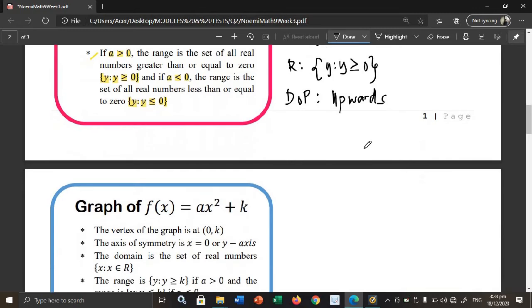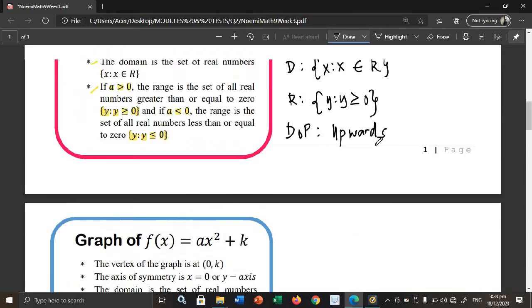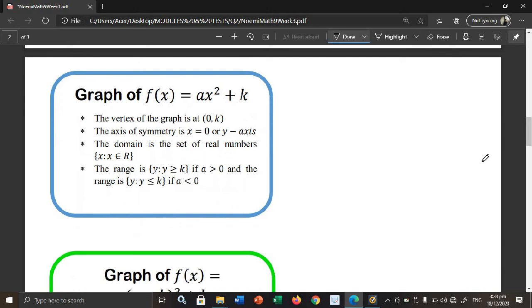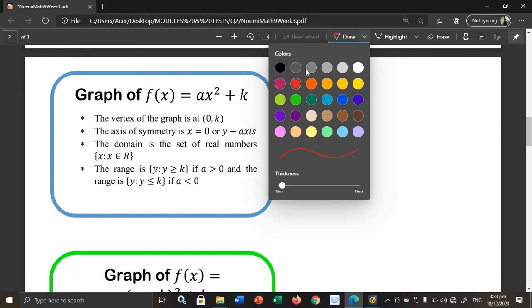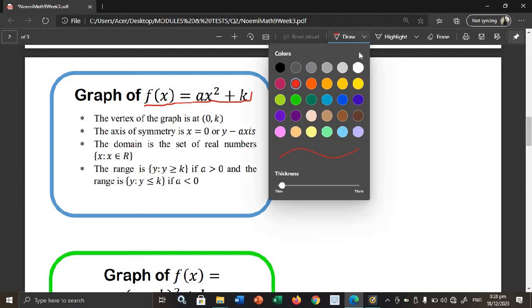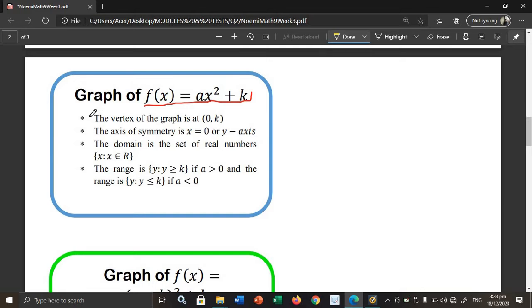So, next, a form of quadratic function is this one. So we have f of x is equal to ax squared plus k. So nadagdagan siya ng another variable which is yung k. Okay? So these are the characteristics of this form of quadratic function.